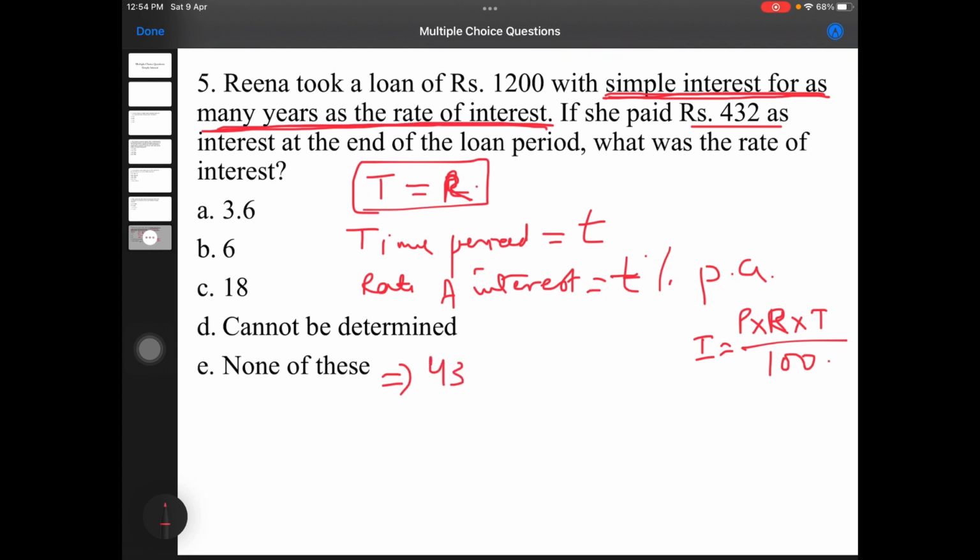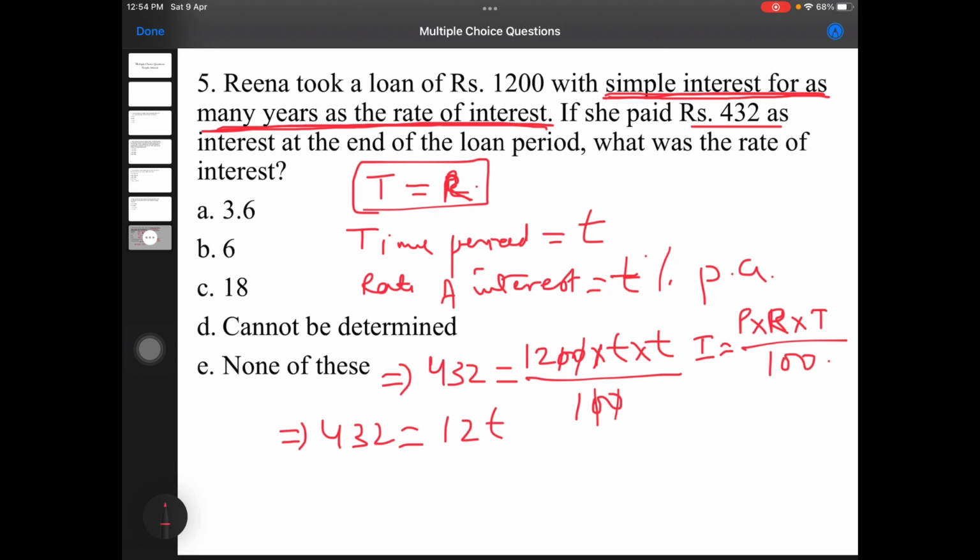So the interest is given, 432. The principal amount is 1200. The rate of interest is T percent per annum, and the time period also is T years. So divided by 100, this 0 and 0 will get cancelled. So from here 432 is equal to 12T square.